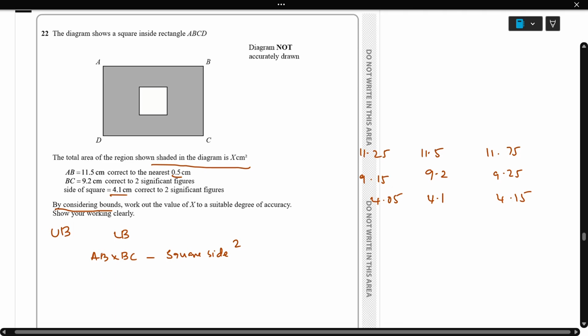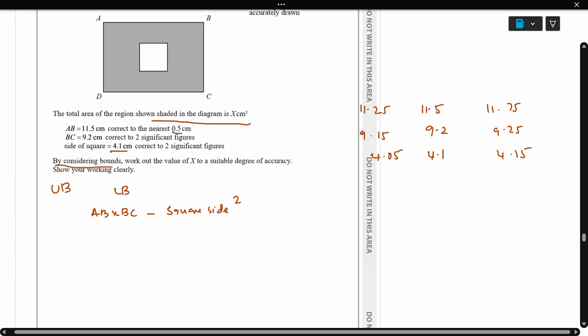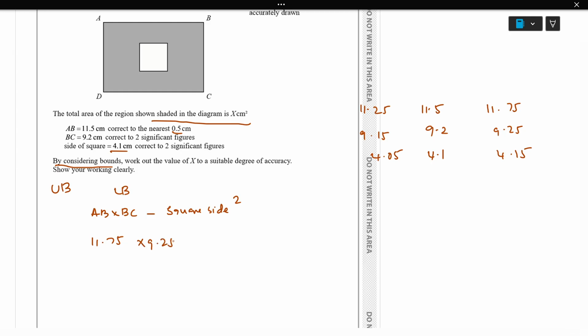First I'll take the upper bound of the big one, so it's going to be 11.75 times 9.25 minus the lower bound, which is 4.05 squared. So you will get the answer 9.285.